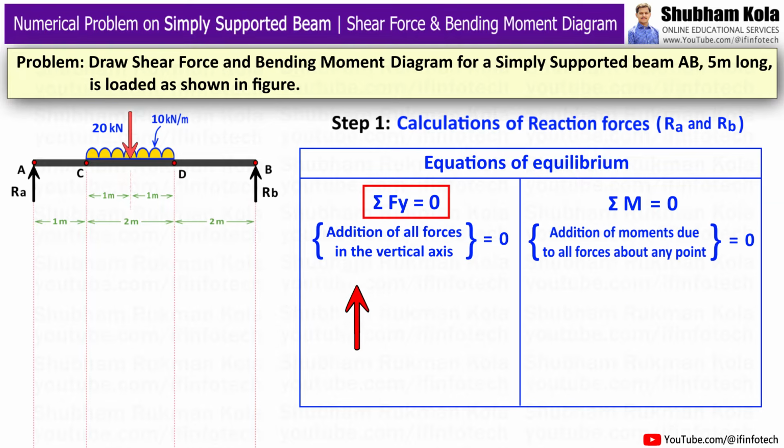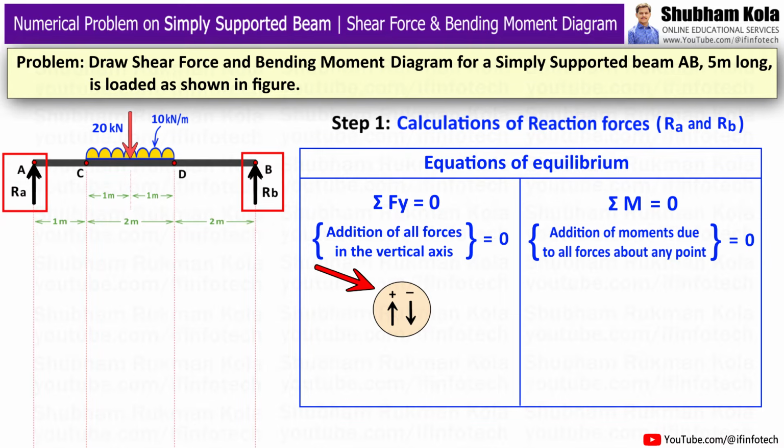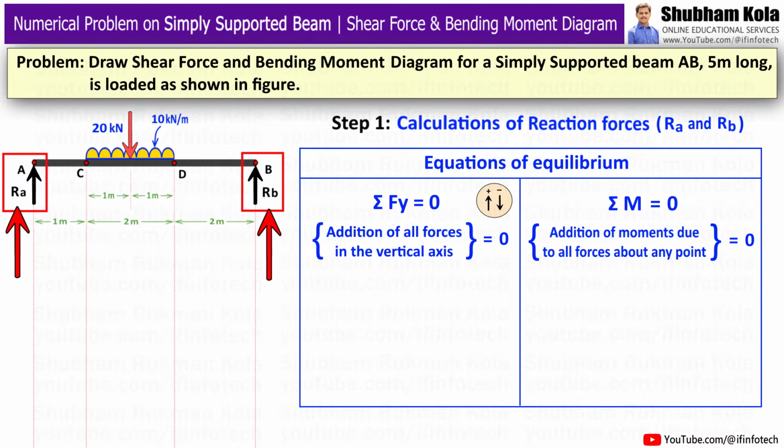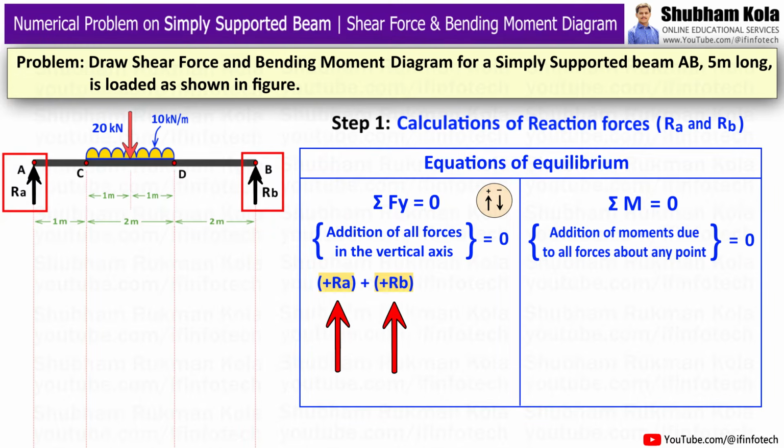So here in the first equation, while I am doing the addition of all vertical forces, I will consider upward forces as positive and downward forces as negative. Here RA and RB are the vertical reaction forces. So as per the sign convention, I will add these forces with positive sign.